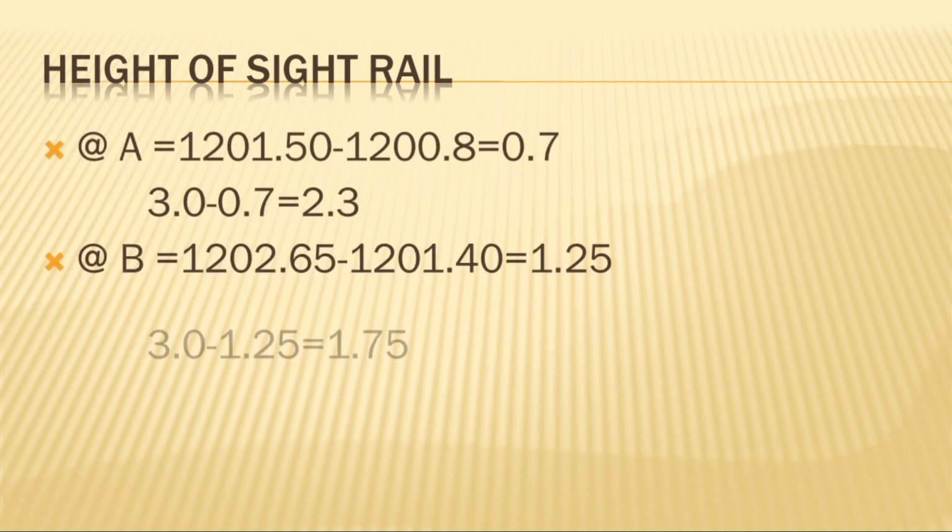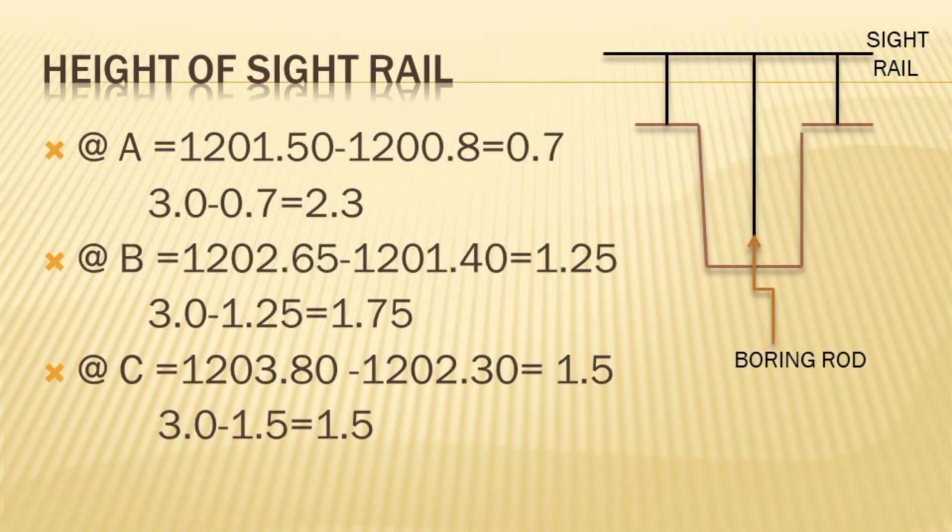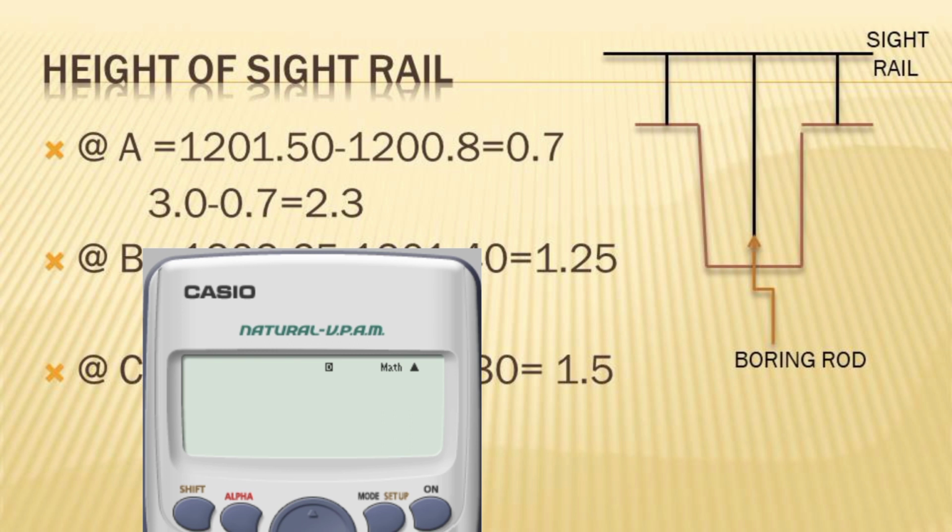We go ahead and calculate the height of side rails, but I'm sure you have the concept. The side rail is the wood that is found on top of the drain. Then our boning rod, boring or boning, so they use both terms, is the total distance from our side rail to the bottom of the drain, and the bottom of the drain is where our formation level is found.